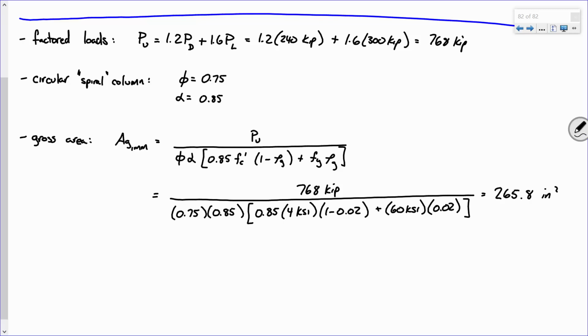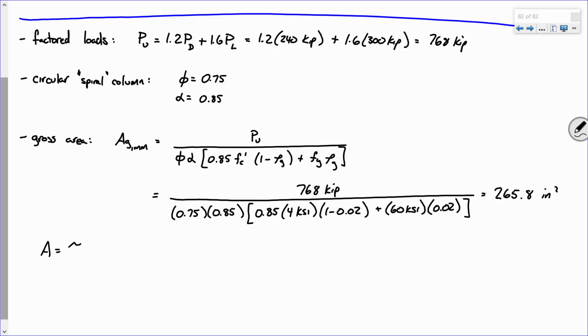What is the shape of this column? Circle, right? So what is the area of a circle? What's that? Something with pi. I think that's the answer to about 65% of all engineering questions. There's pi in there somewhere. All right.